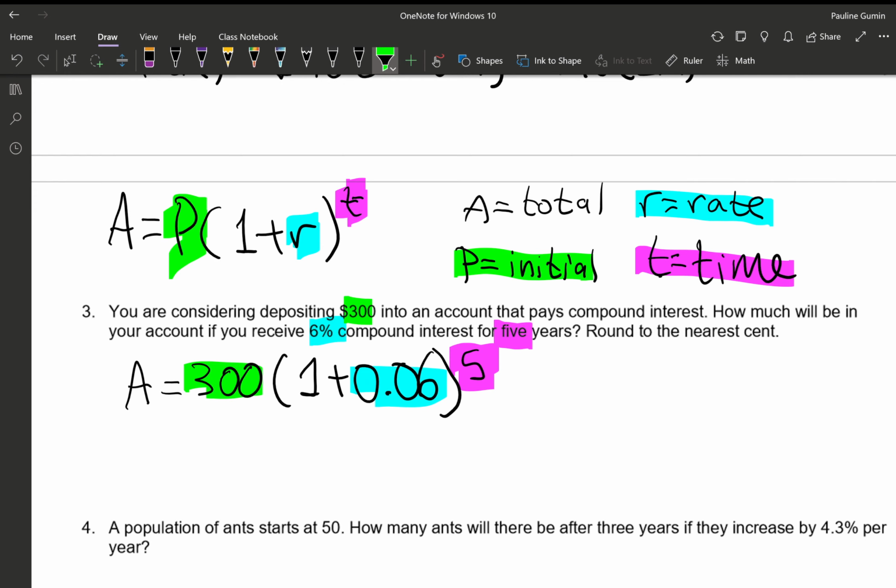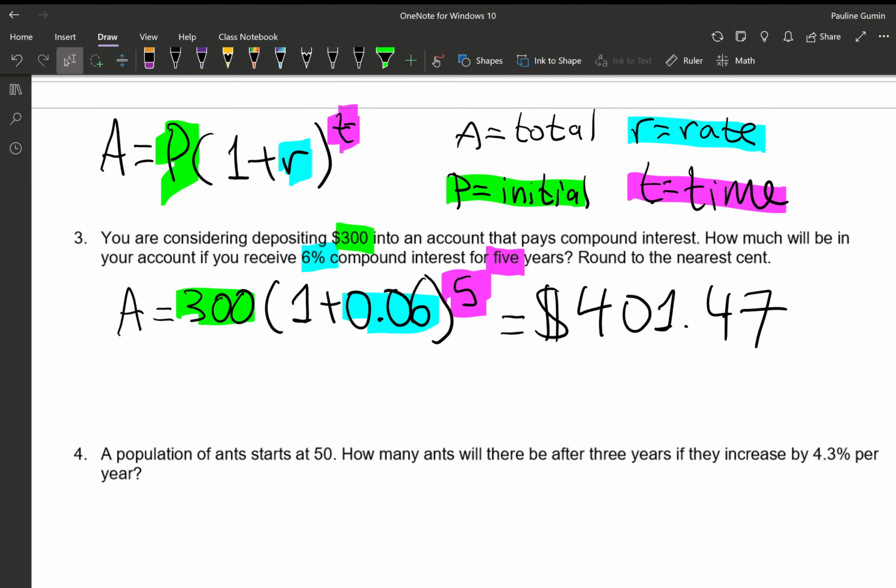This is going to be a little disappointing, but this is pretty accurate. After keeping it in the bank for 5 years, if you don't touch that money at all, you only end up with $401.47. So yes, savings accounts are great and it's good to put away money, but just keep in mind that it's not really going to grow as much unless you invest your money in something.